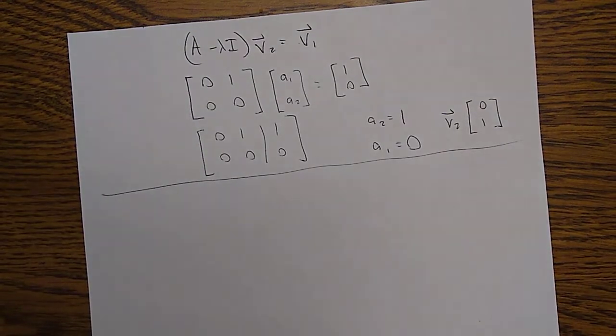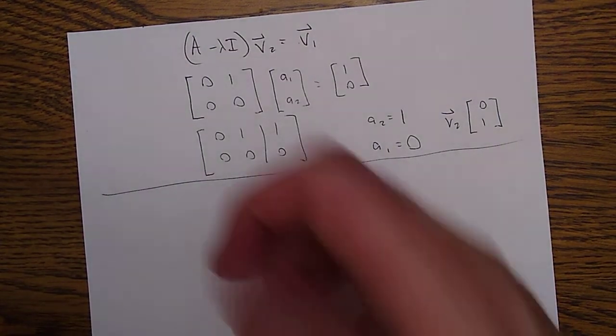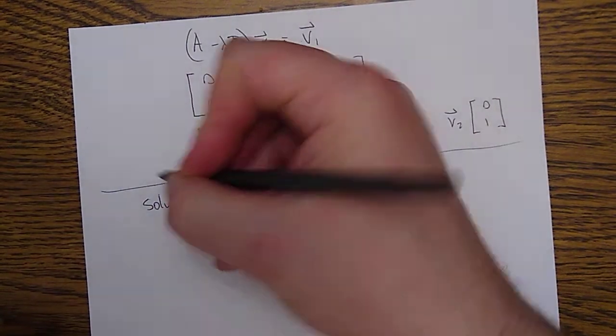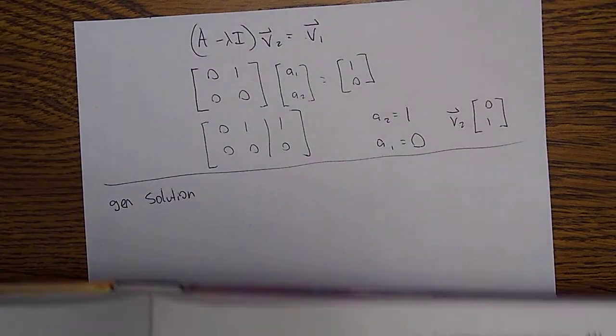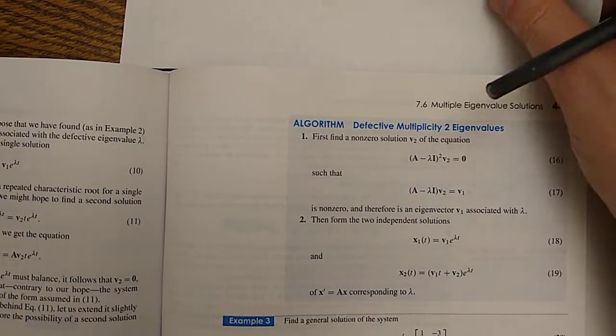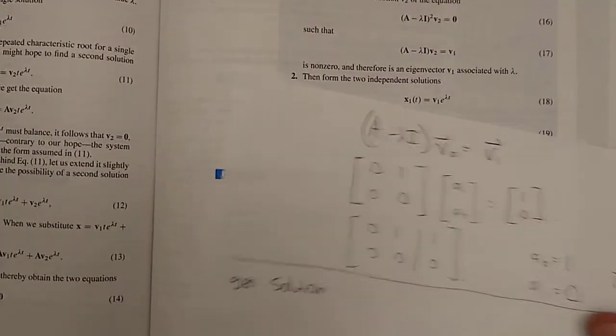So then what would we get? Back to the book. Maybe I'll move this up here and the paper down here.